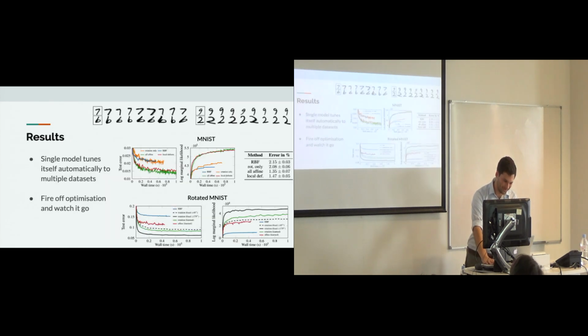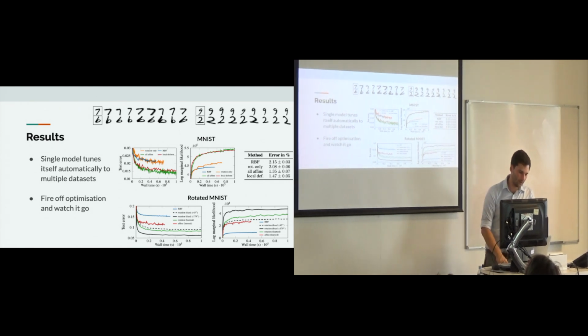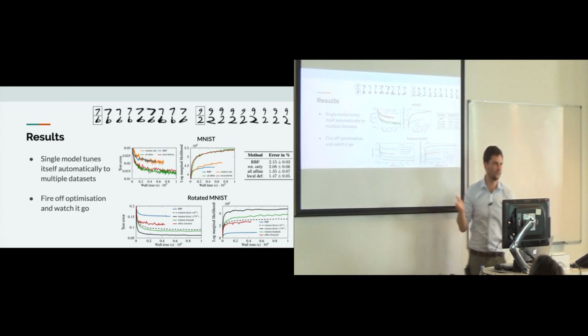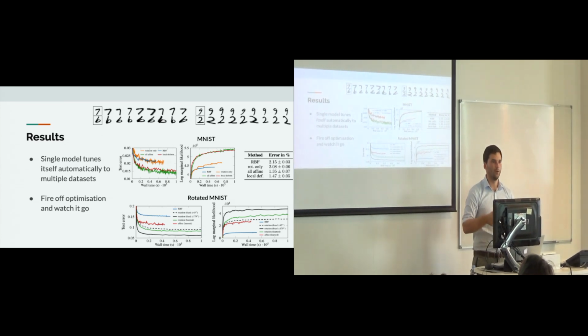All right. So just to give some results, we ran two experiments with exactly the same model. We tried to do MNIST classification, and we also ran the classifier on a version where all the digits of MNIST were rotated. What we started with was a non-invariant kernel, which is an RBF.